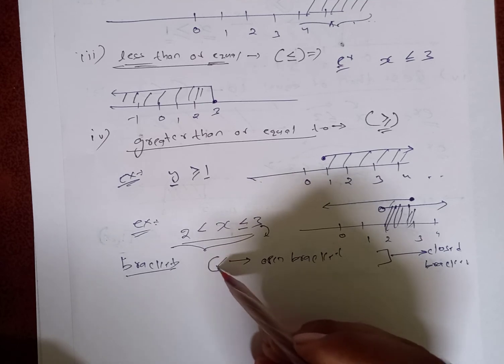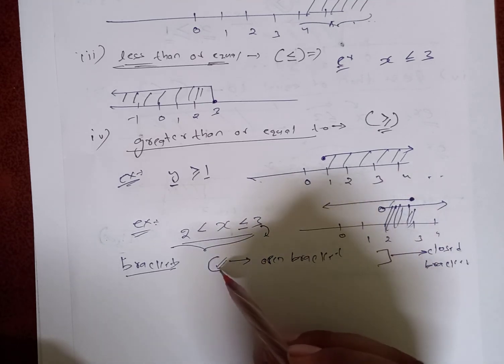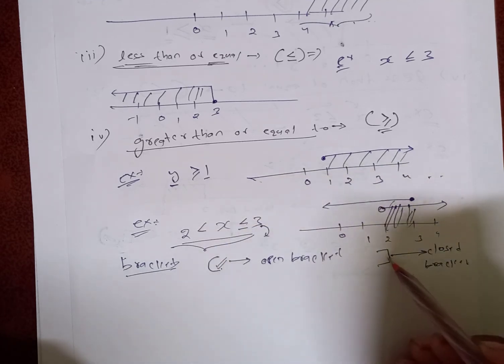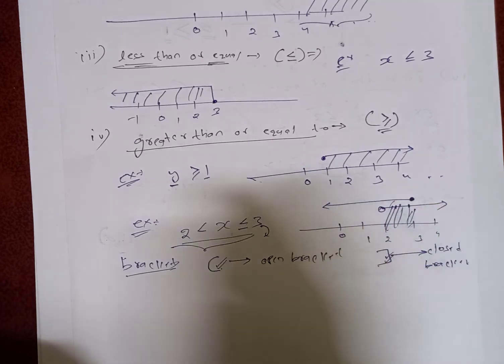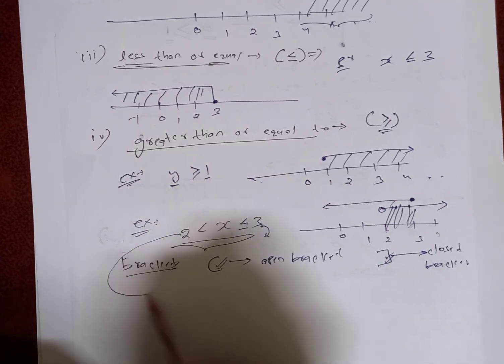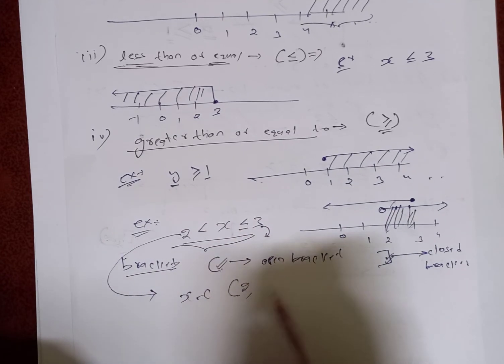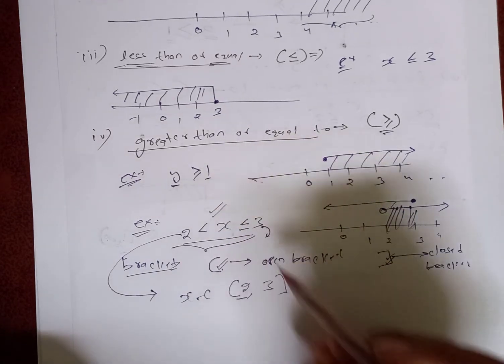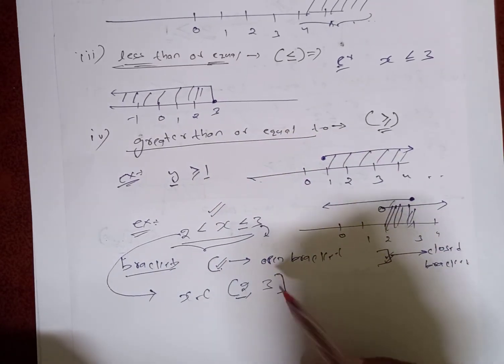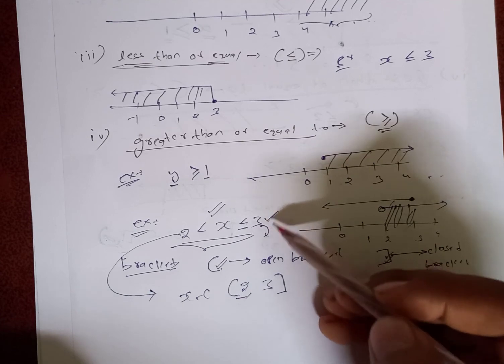The open bracket is used when a value is not included in the interval, and the closed bracket is used when a value is included. For example, we can depict this as x belongs to open 2 comma closed 3. Why is 2 not included in this interval? Because we used an open bracket there. Why do I use a closed bracket here? Because 3 is included in this interval.